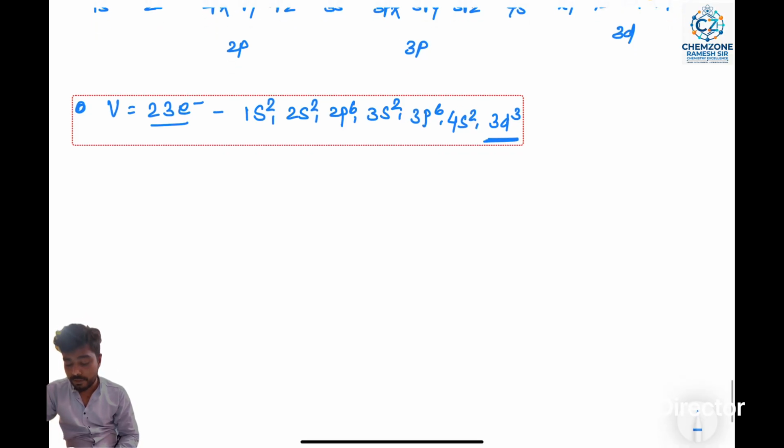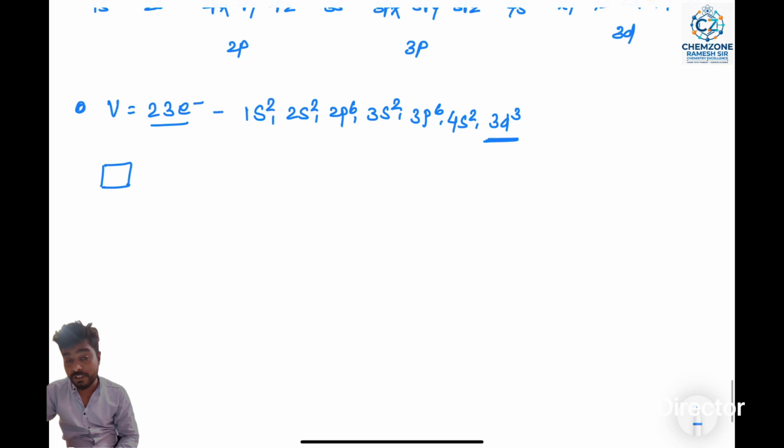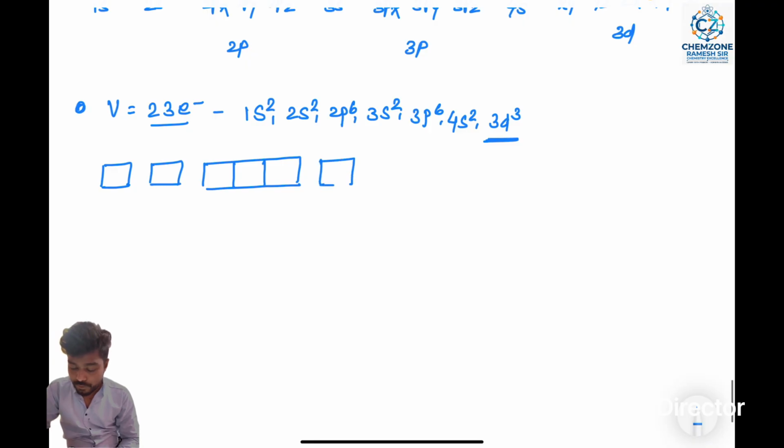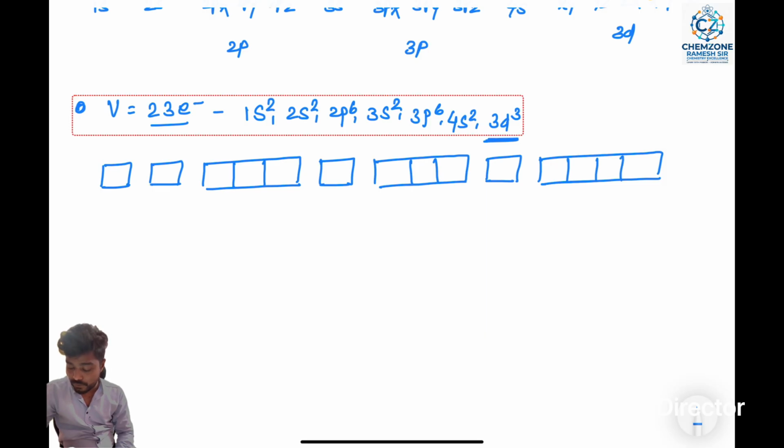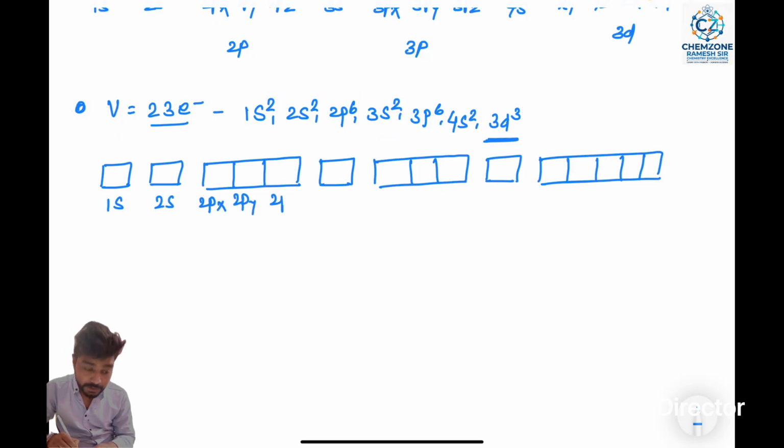Like we see here the orbitals 1s, 2s, 2p, 3s, 3p, 4s and 3d. Okay, 1, 2, 3, 4, 5. Okay, so mention your names: 1s, 2s, 2px, 2py, 2pz and 3s.